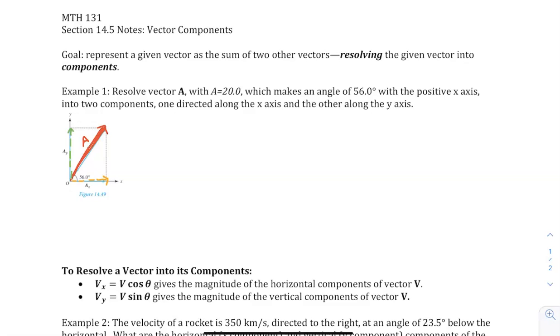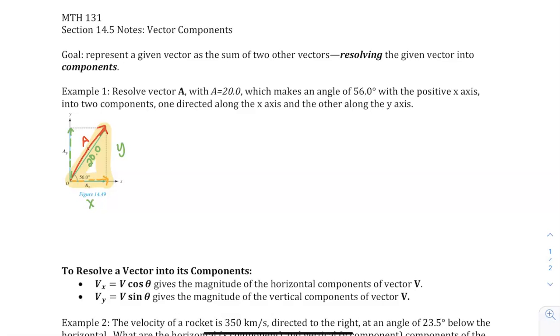So this particular vector has a magnitude of, not 200, 20.0, and we want to resolve it. What we ultimately need to do is think of this as a right triangle. So if I draw this as a right triangle, we have our X, our Y, and then that 20 is the hypotenuse.